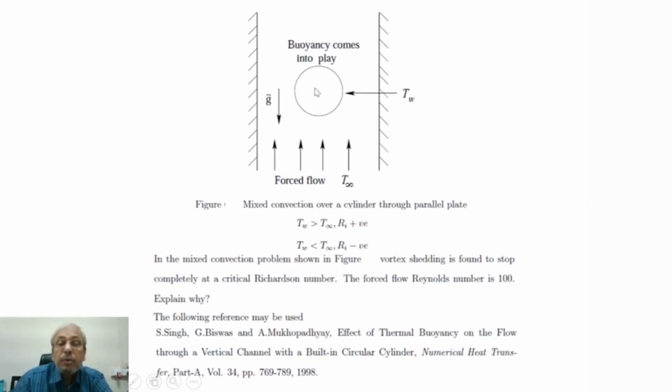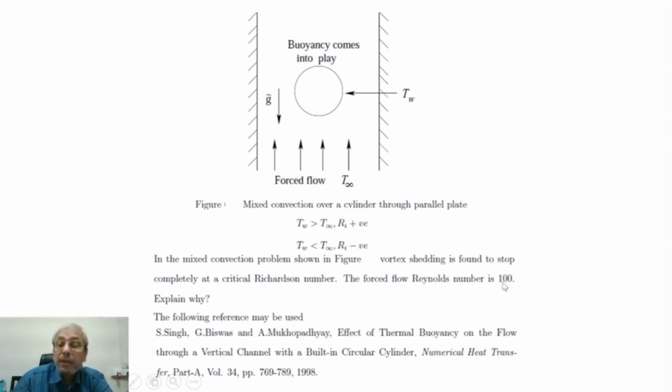So normally, even for isothermal flow, there will be vortex shedding. Now, because of the influence of temperature difference, that means in a mixed convection scenario, it will change. But what we have written here: vortex shedding is found to stop completely at a critical Richardson number.